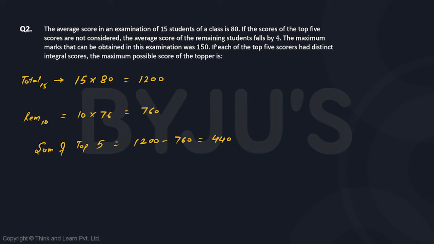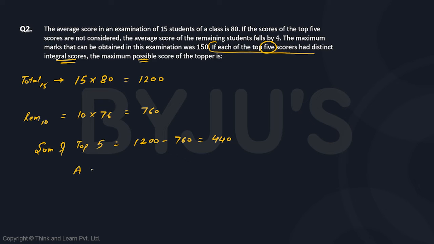Okay, now the last line is, if each of the top 5 scorers had distinct integral scores. Now understand that these scores have to be distinct and these are the top 5 scores. So what is the maximum possible score of the topper? Now to maximize the score of the topper, we must minimize the score of the other 4 people in the top 5 scores.